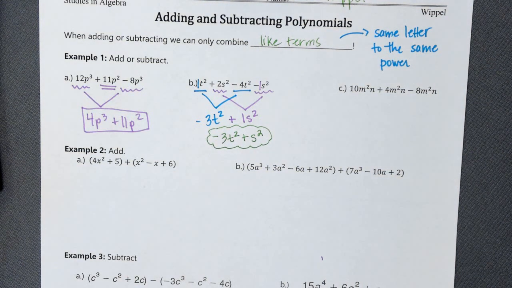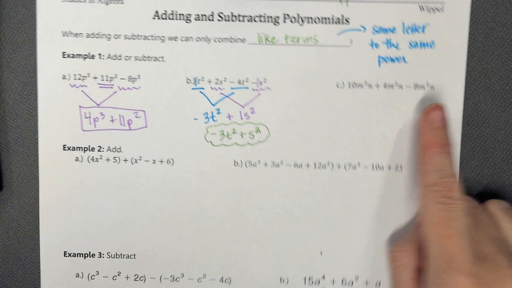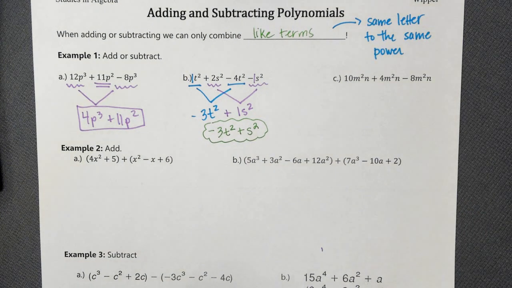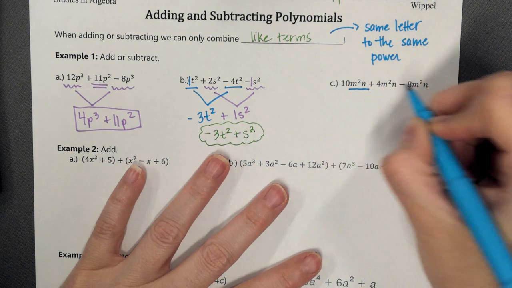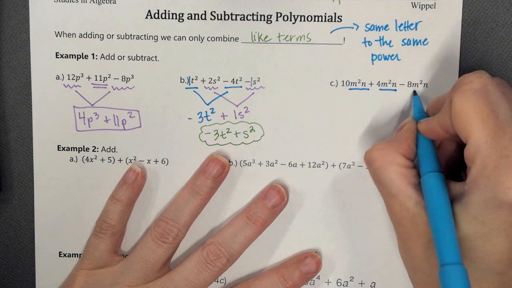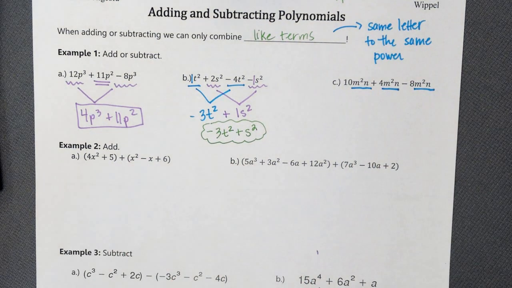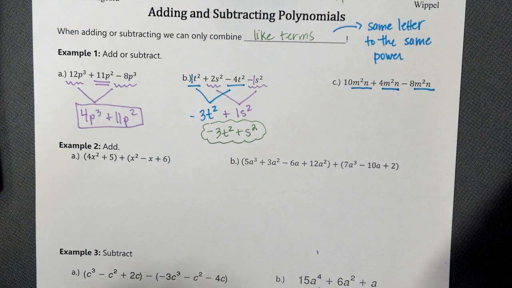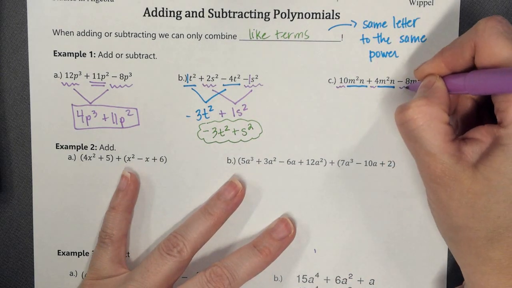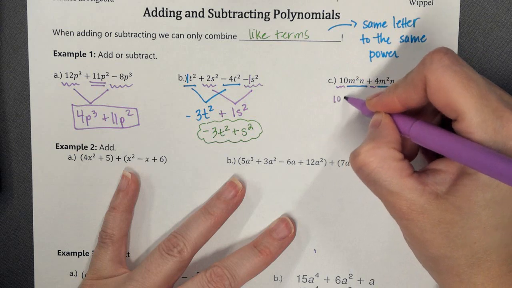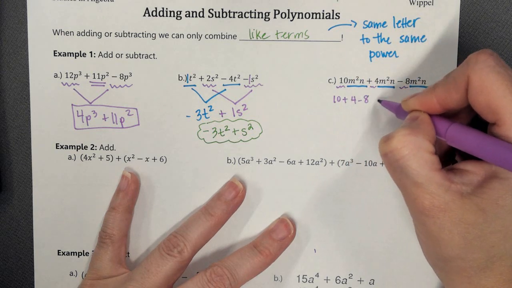Okay, and then sometimes things get a little crazy, like here, and all you need is the same letter to the same power. So see how this is m squared n, m squared n, m squared n? Those are all the same. So all you have to do is 10 plus 4 minus 8.